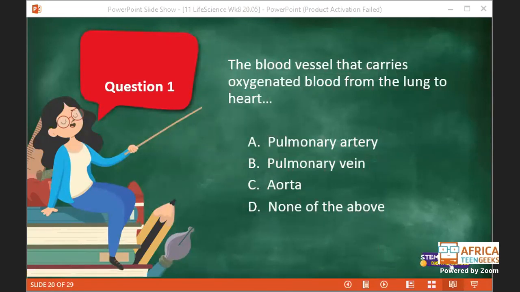Okay, I see A, B, okay. And I have another A. Right, I'll give you guys a few seconds to send through your answers.